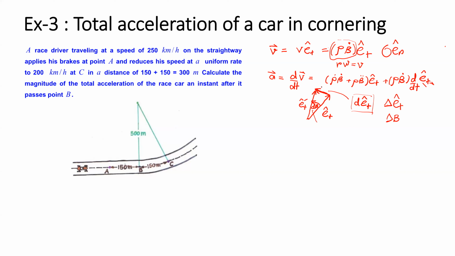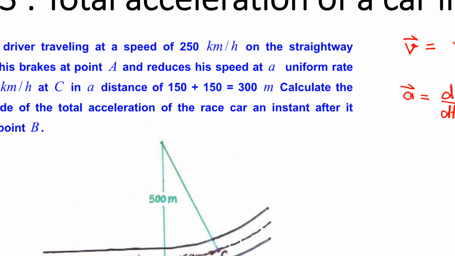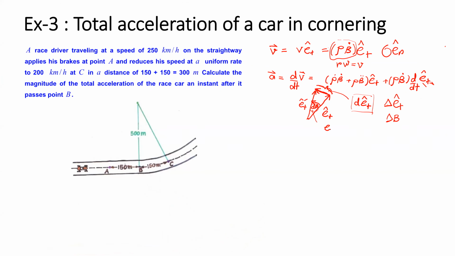And what is the magnitude of this? The magnitude is equal to the angle multiplied by the radius, but the unit vector has the length of 1. So the radius equals 1 and the angle equals d beta.